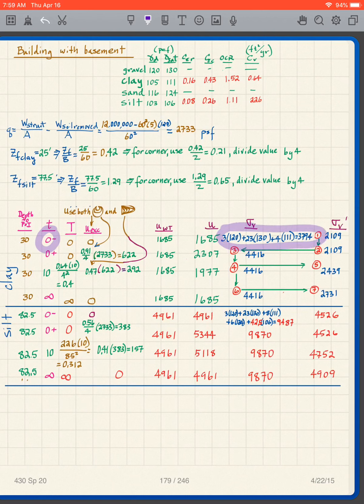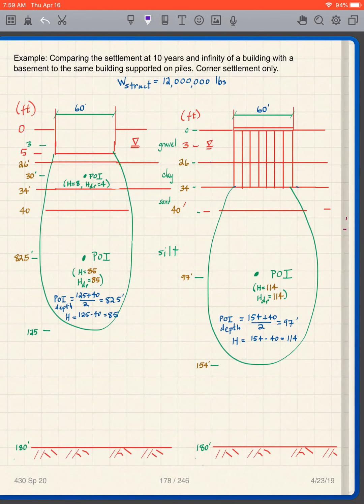You can all look at those. I guess I didn't really show the t equals 0 minus figure. T equals 0 minus figure means that there's no building at all here.